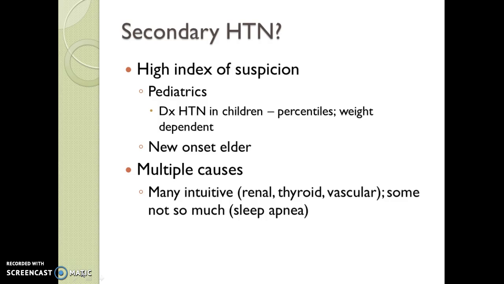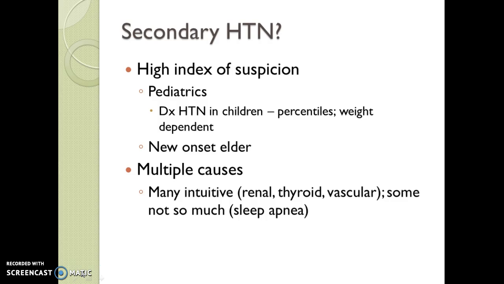Also, a new onset of hypertension in an elder, and we're talking really 60 and older here, would be cause for some alarm. That doesn't mean the gradual creeping up. If you have data over the years and see that there always was a pattern of escalation of blood pressures over time, that is not as much of a concern as the sudden drastic change of blood pressure that is occasionally seen with secondary problems.